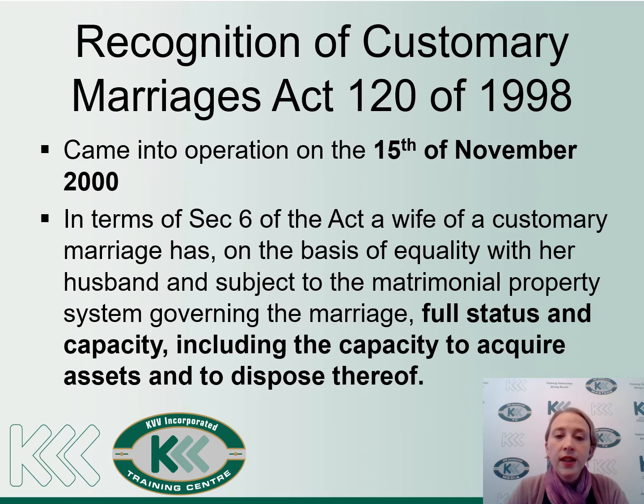In terms of Section 6 of the Act, a wife of a customary marriage has, on the basis of equality with her husband and subject to the matrimonial property system governing the marriage, full status and capacity, including the capacity to acquire assets and to dispose thereof. This is an important change that came about with the Customary Marriages Act, as it gives spouses, and specifically the wife, the rights that her husband also had in terms of the previous disposition.